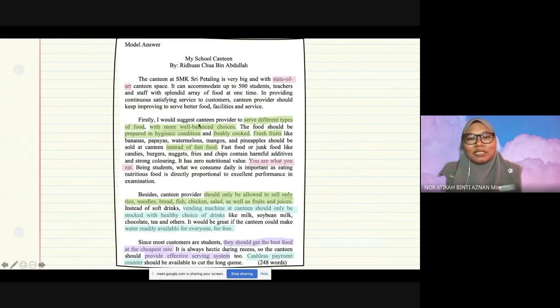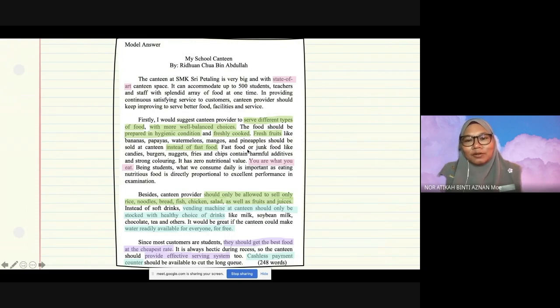Firstly, I would suggest canteen providers serve different types of food with more well-balanced choices. The food should be prepared in hygienic condition and freshly cooked. Fresh fruits like bananas, papayas, watermelons, mangoes, and pineapples should be sold at the canteen instead of fast food.